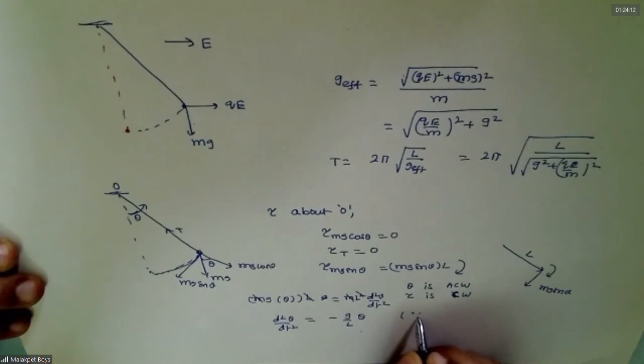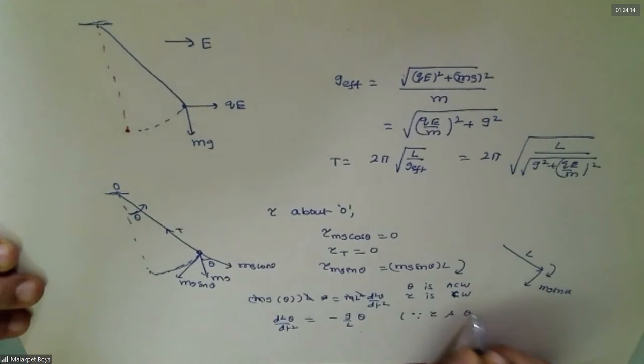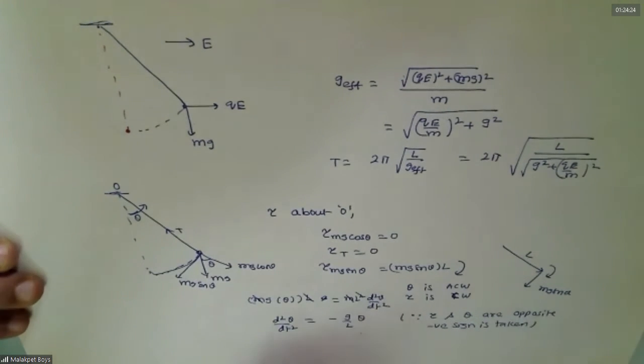Because... understood this? This we have taken as omega square theta. So what is omega? You have root g by L. T equals 2 pi by omega. Remember all this?